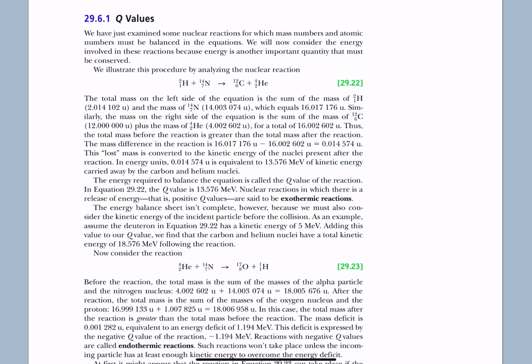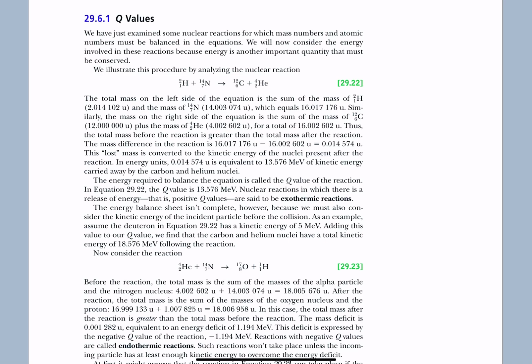This is the energy that comes from the nuclear mass defect being converted into either joules of energy using E equals mc squared, or into mega electron volts when you use the conversion factor of 931.5 MeV per nucleon.